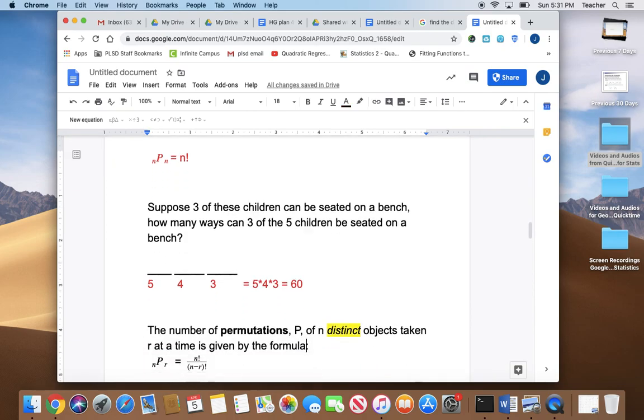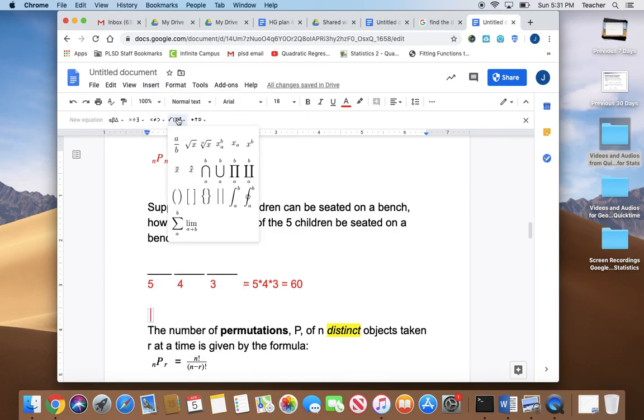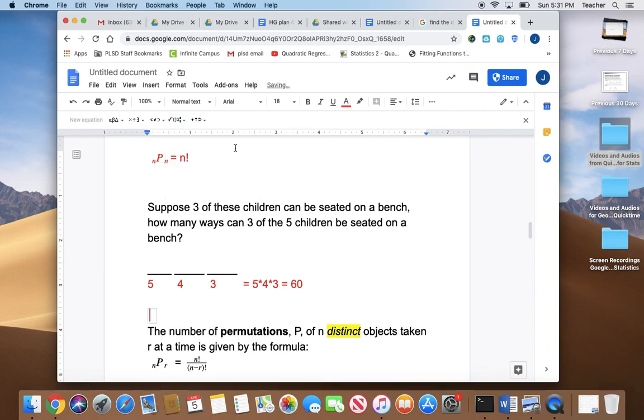So there is a formula that says the number of permutations P of n distinct objects taken r at a time is given by the formula n permute r equals n factorial over n minus r factorial. So if you were to look at this problem, I have really 5 children.